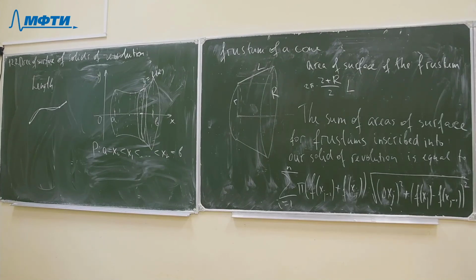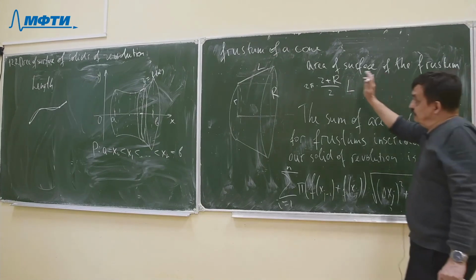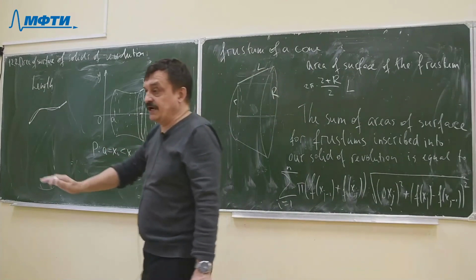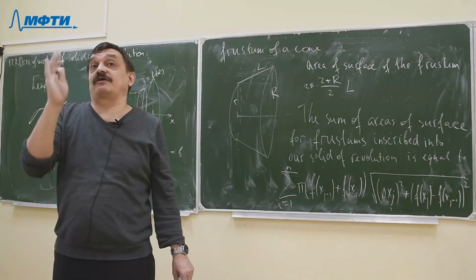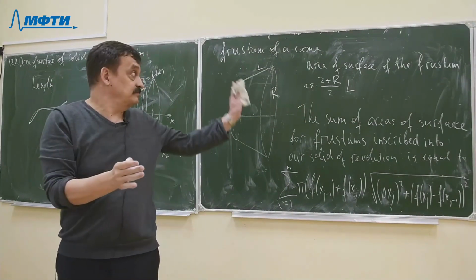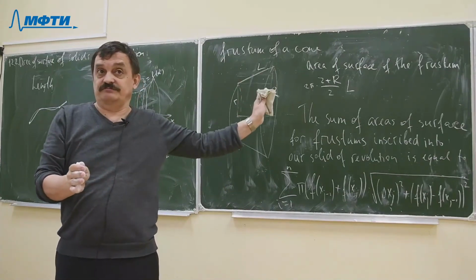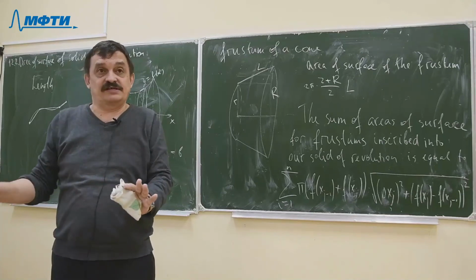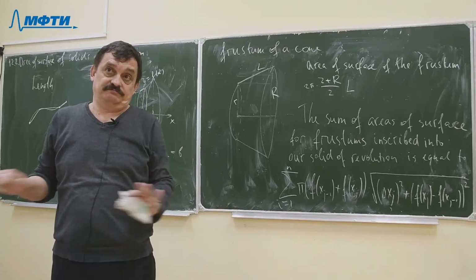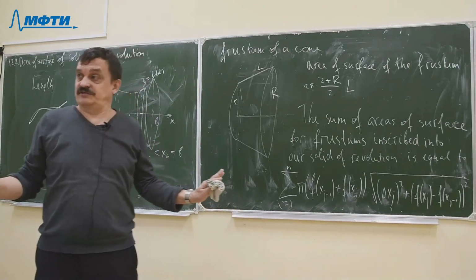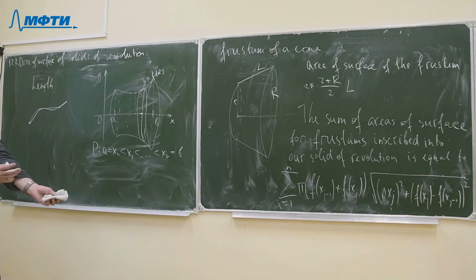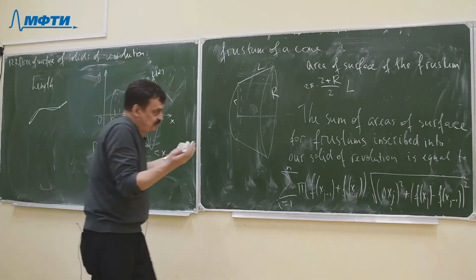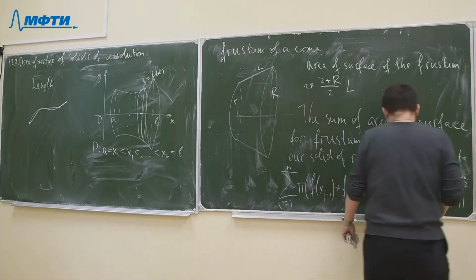Okay? So, once again, we refer to a fact from elementary geometry, the area of surface of the frustum. For a while, put aside how it was obtained. It was obtained somehow. We accept it.